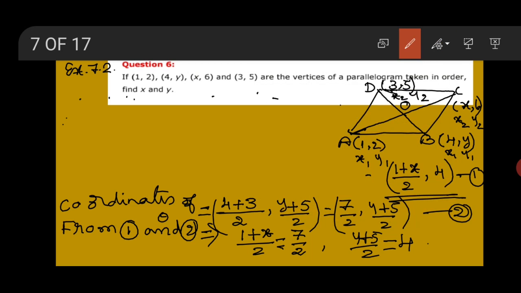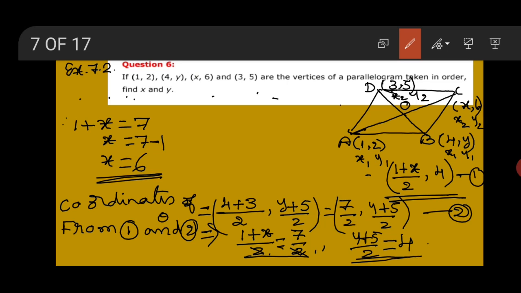Therefore, write down 1 plus x is equal to what? 7. See here, the 2s are cancelled. Therefore, 1 plus x is equal to 7. So, what is the value of x? x is equal to 7 minus 1. It is equal to 6.